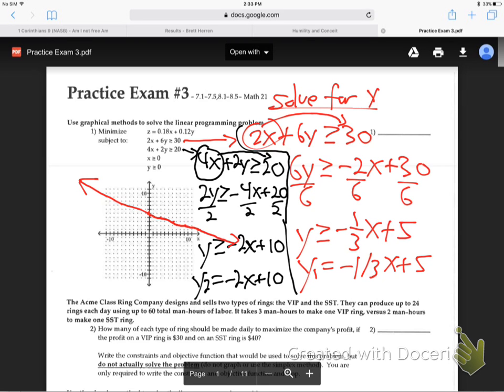And then the black one starts up at 10 and goes down 2 over 1, down 2 over 1, down 2 over 1. There's the black one. So you should get something like that. Is that what you're getting on the graphing calculators if you graph those?